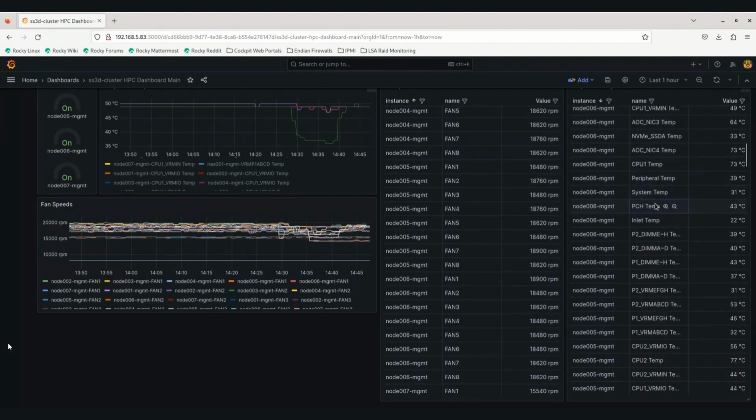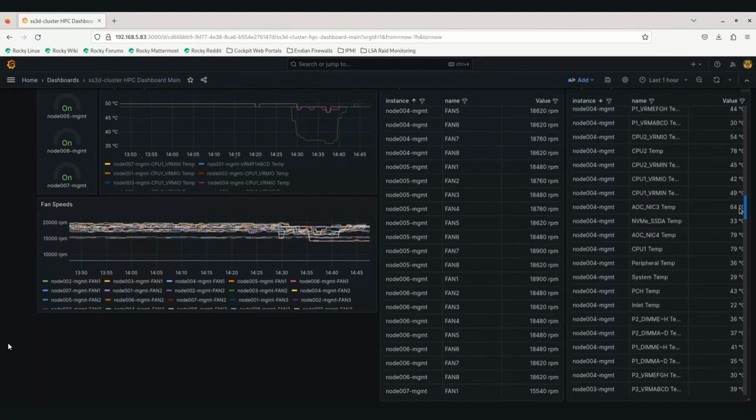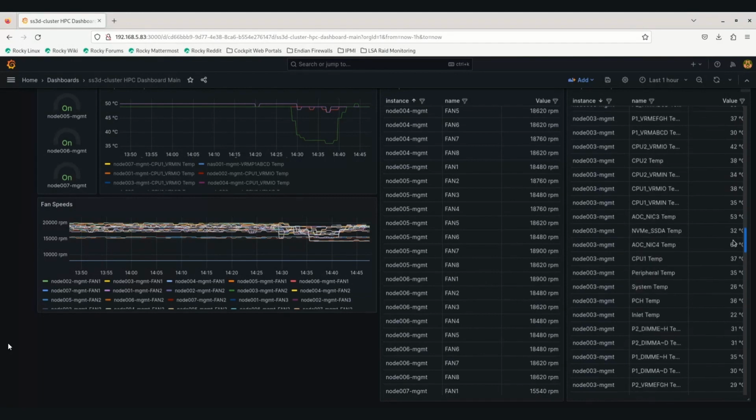Even the memory, you can look at its temperatures and health in the various compute nodes.